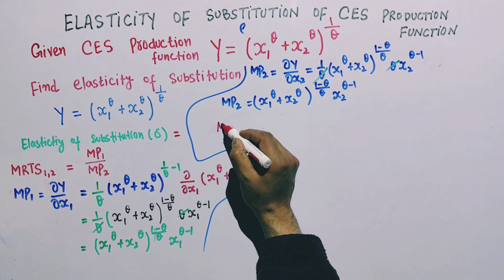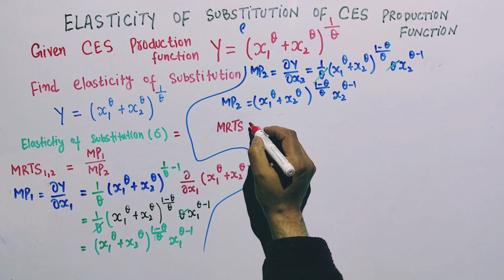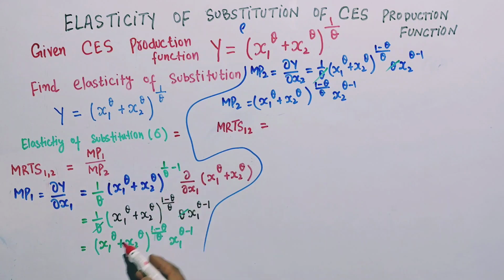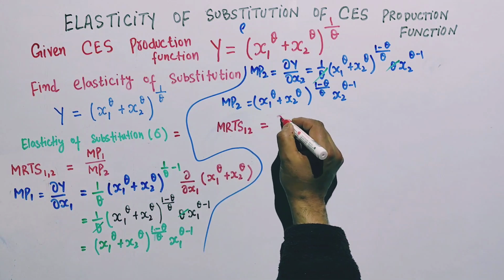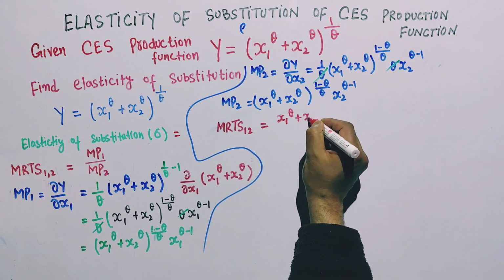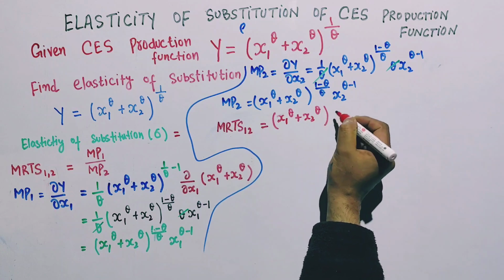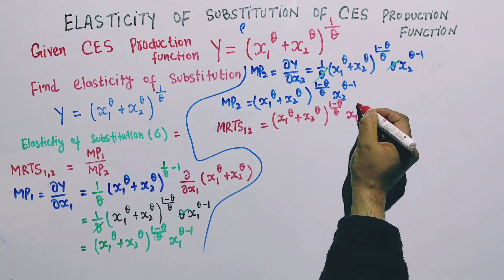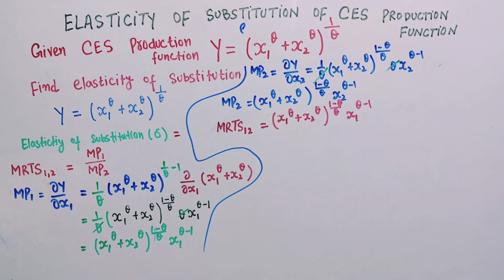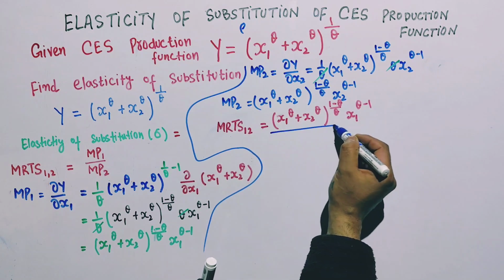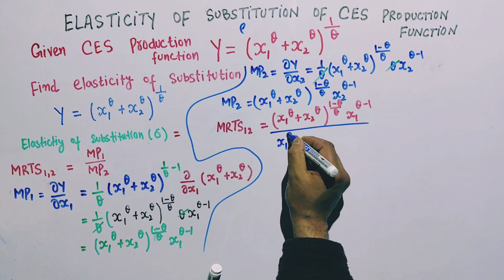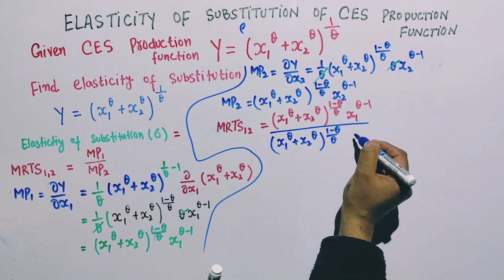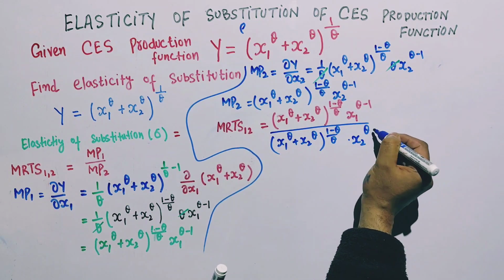So MRTS between input 1 and 2 is equal to the marginal product of input 1, which we got here, that is (x1^θ + x2^θ) whole raised to the power (1 − θ)/θ, times x1^(θ−1), divided by MP2, which is (x1^θ + x2^θ) whole raised to the power (1 − θ)/θ, times x2^(θ−1).